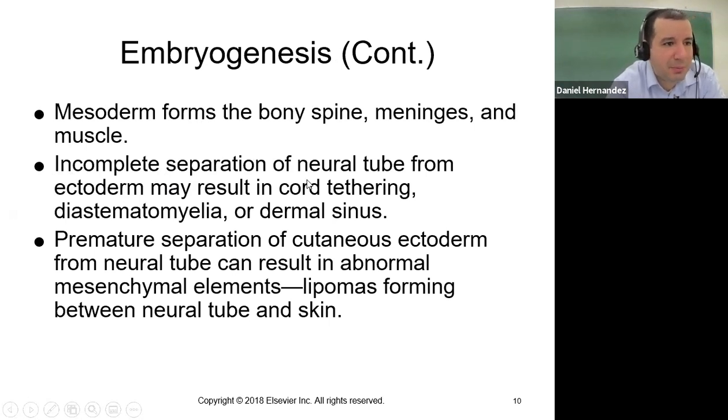If there's incomplete separation of the neural tube from the ectoderm, this may result in cord tethering, diastematomyelia, or dermal sinus. Premature separation of the cutaneous ectoderm from the neural tube can result in abnormal mesenchymal elements, such as a lipoma formation between the neural tube and skin.